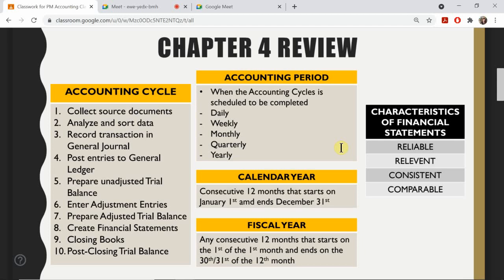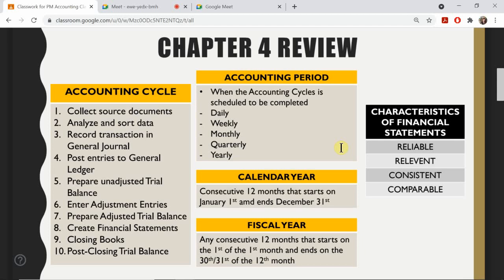Seventh is to do an adjusted trial balance. And then eighth is to create your financial statements. Ninth is to close up your books, and tenth is to do your post-closing trial balance.